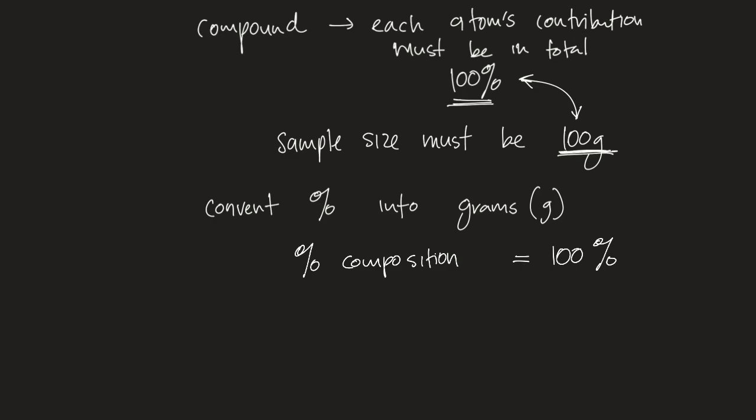Then you go from percent into grams, and that will give you 100 grams. That's your conversion. That needs to happen first. So before you start with any of these questions, you need to make sure that whatever they've given you gets to 100%. In an exam or a test, we will make sure it's 100%.